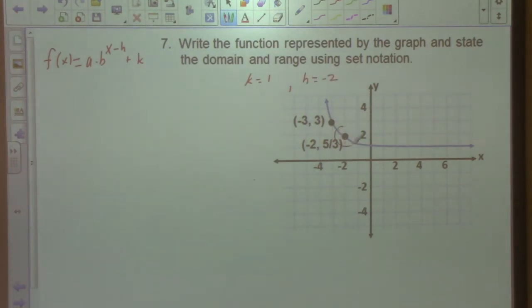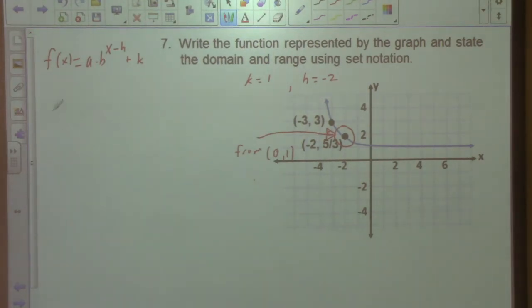This point right here is the one this is transformed from, so I'll put from (0, 1), right? And so that means that to get transformed from (0, 1), we had to move 2 units to the left, therefore h is equal to -2.